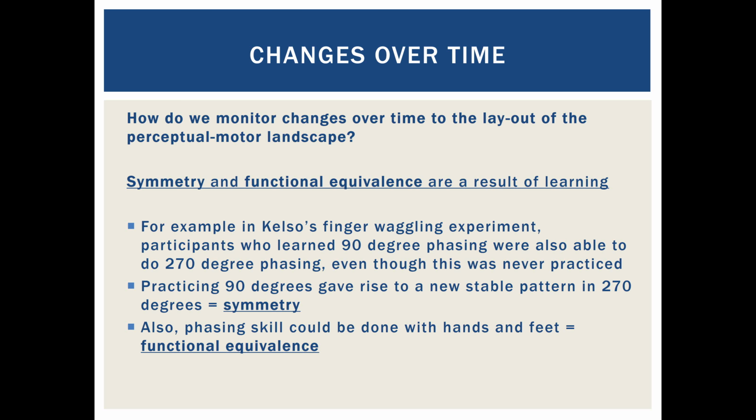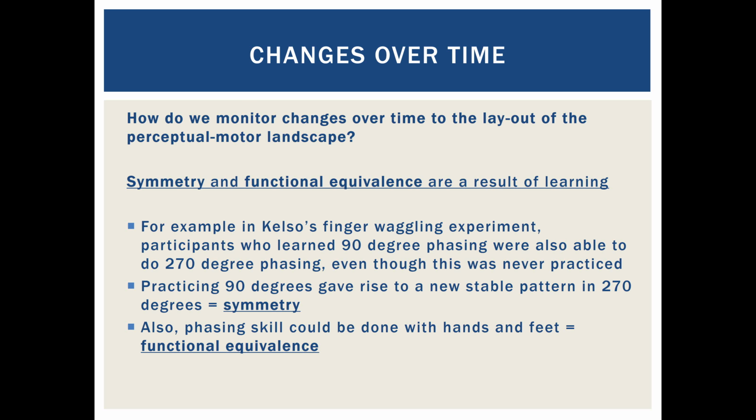So in other words, when you're observing someone practice with that constraints-led approach, you should be able to see symmetry, which is that they are training one particular attractor state, but all of a sudden another one starts emerging as well. For example, you might be training someone how to juggle a ball with both feet.